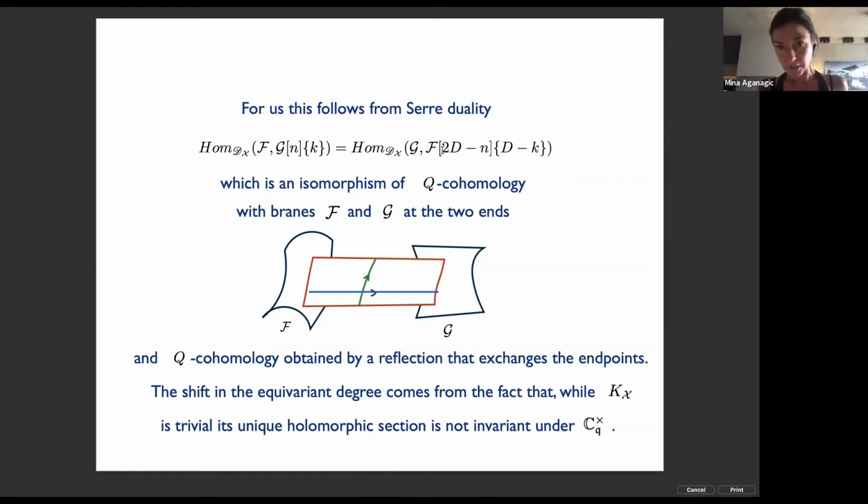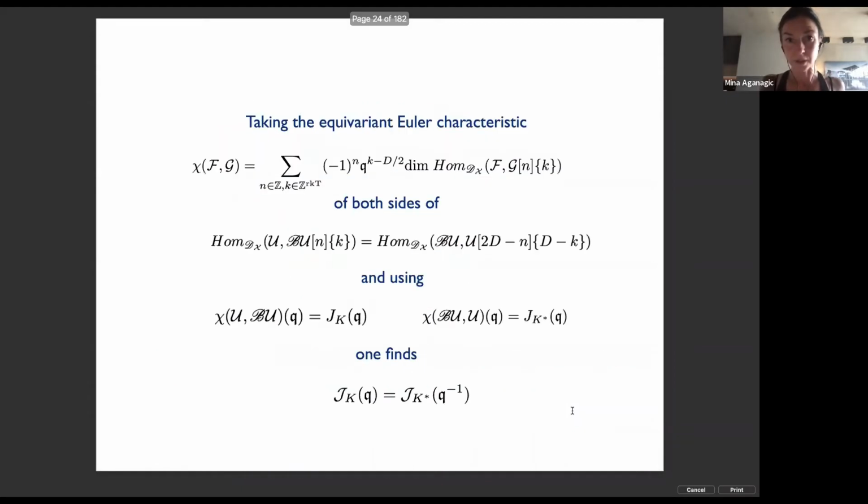This comes with a shift not just in cohomological degree, which is the usual thing, but also in equivariant degree, because while the canonical line bundle of X is trivial, its unique holomorphic section is not invariant, it scales under the C-star action, corresponding to q.